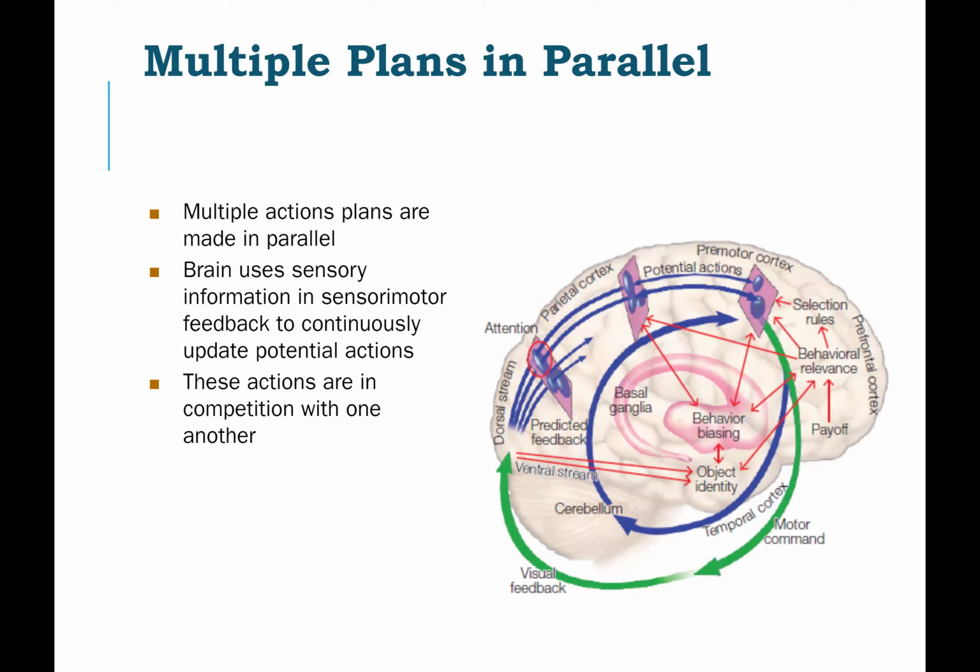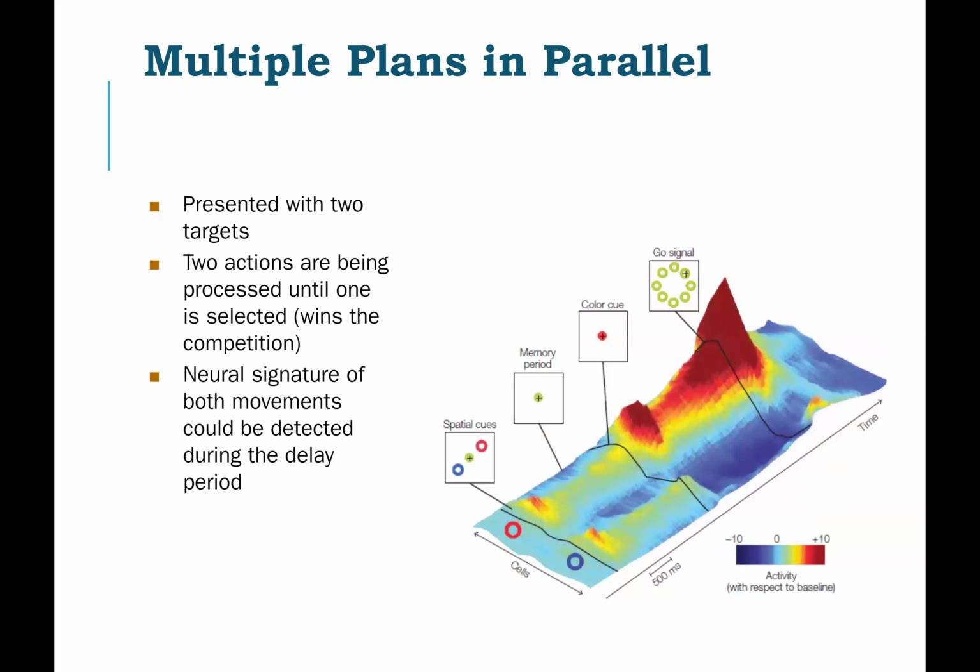If you're deciding between chips and something else, between a salad and a burger, you're analyzing both of them, and then you decide which one to go with. I think that's the idea. And there was a simple, nice study looking at this.